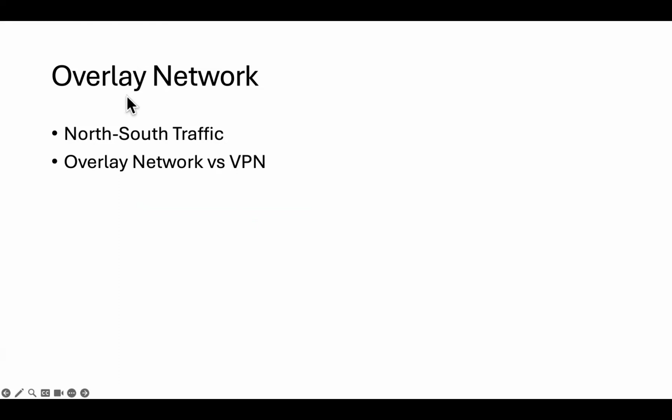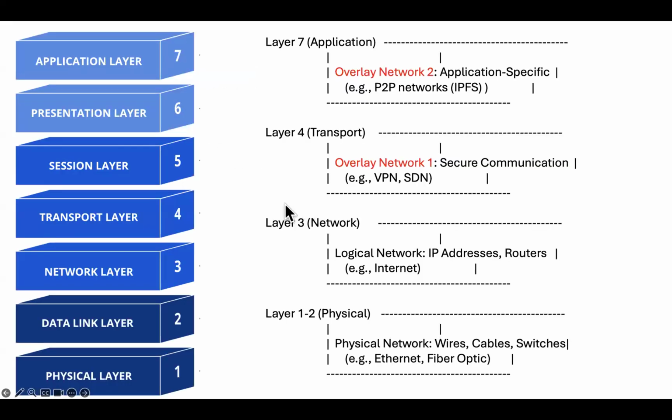And this overlay network will process all the north-south traffic, right? In other words, all the external traffic of the underlay network. As for the underlay network, it's the network that this overlay network is based on. We can see some examples.